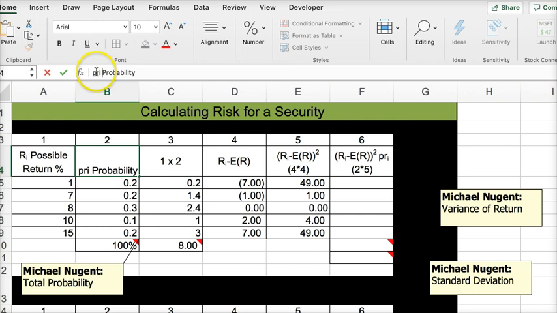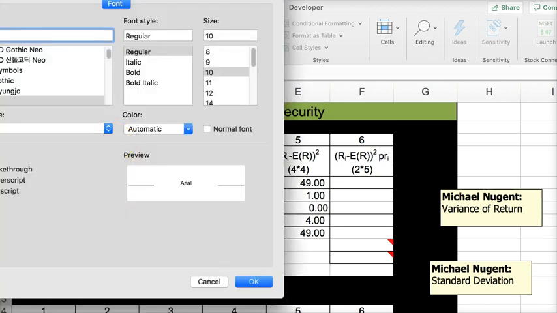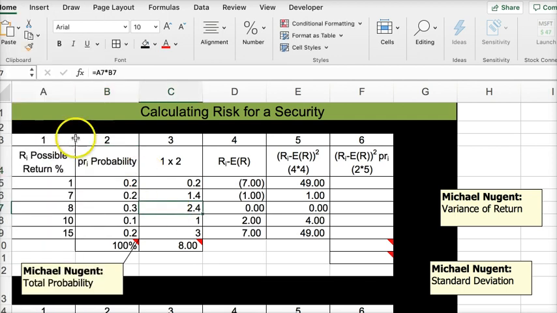I'm just going to format cells, put a subscript on that little i. Okay, so then this makes more sense, and then we're going to say 2 times 5.